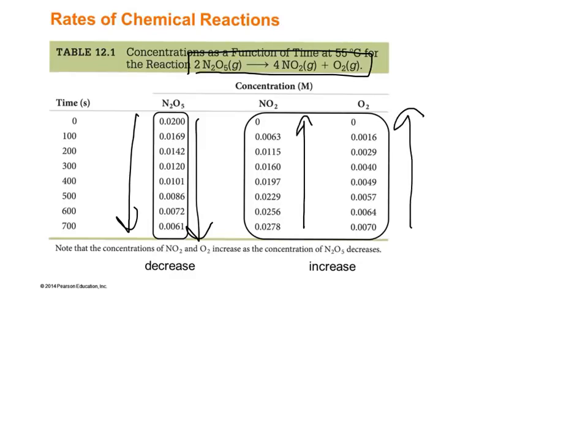Does the amount of nitrogen dioxide and the amount of oxygen increase at the same rate? No. Look at after 700 seconds. There's significantly more nitrogen dioxide than there is oxygen. So when we're talking rate of reaction, it's a very relative thing.